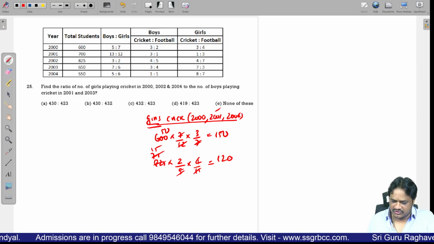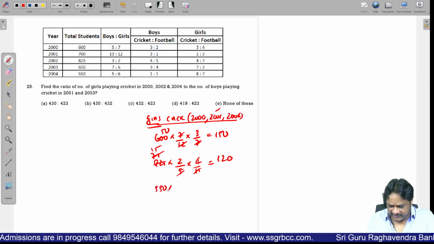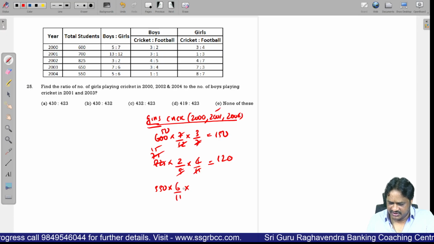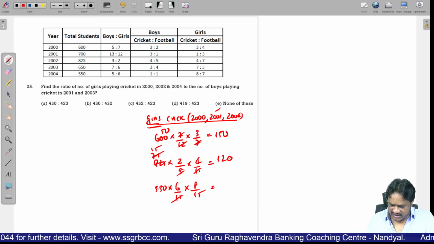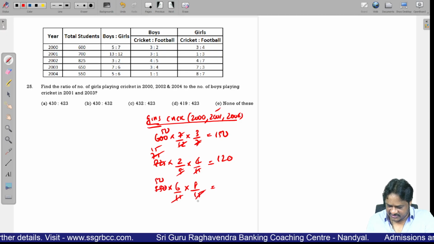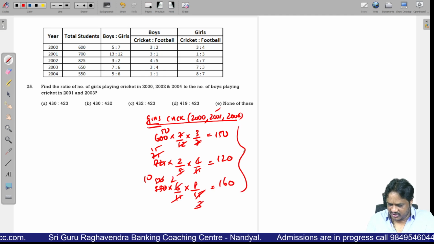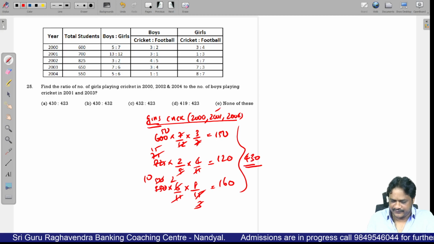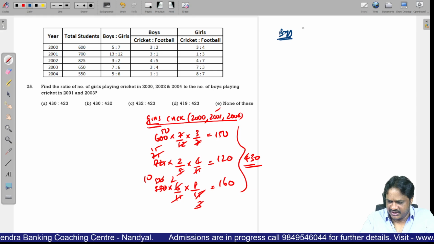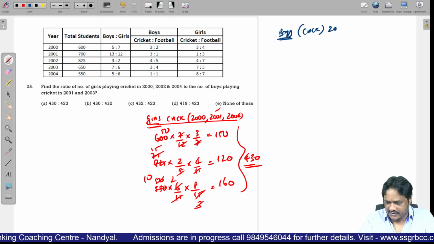Then 2004, it is 550. In this, girls are 6 by 11. In this, we want cricket 8 by 15. 11 ones, 11 fives, 5 threes, 5 tens, 3 ones, 3 twos. It is 160. So total we are going to get 430. Then we have to calculate boys playing cricket in 2001, 2003.